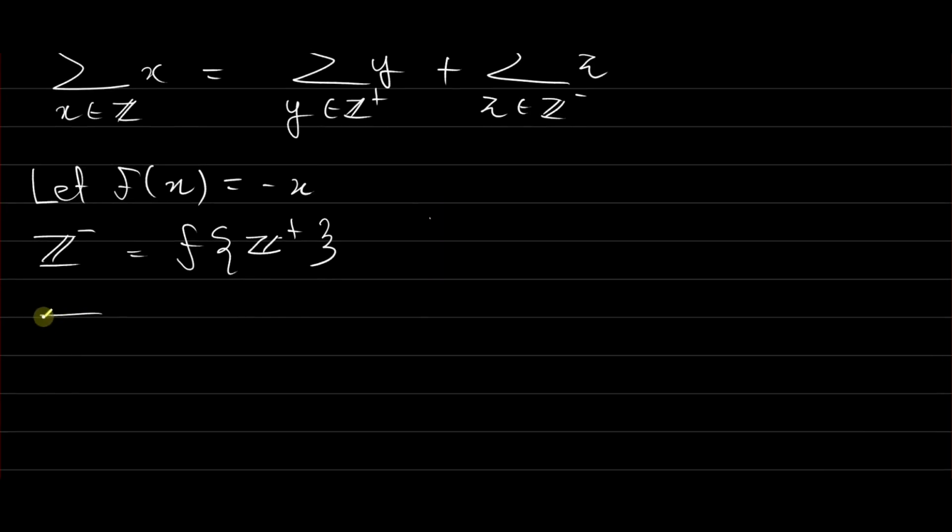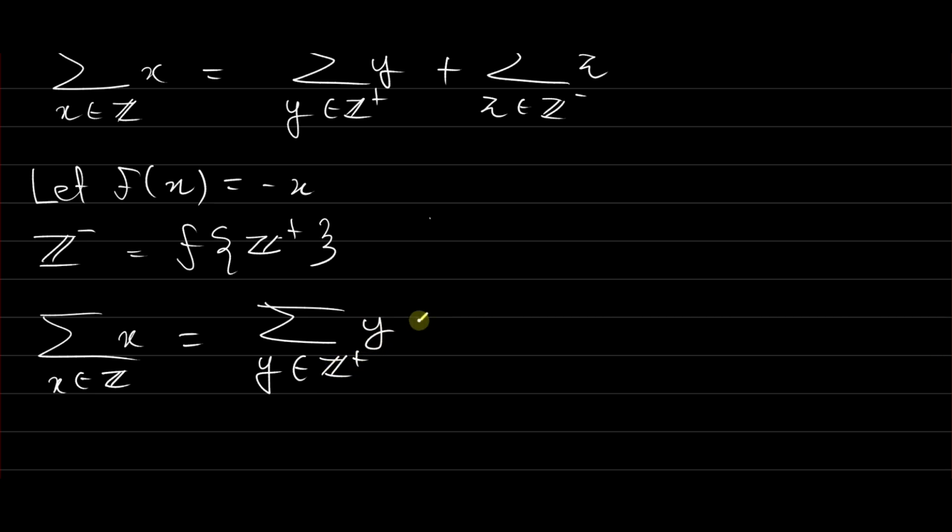So that means sigma x belonging to X, x is equal to sigma y belonging to Z plus, y, plus sigma z belonging to Z plus, and since f of x equals minus x, we write minus z. Now see, we are summing the elements of the same set two times in such a way.